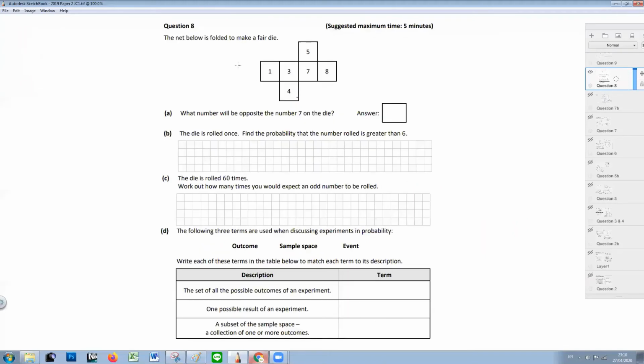So this question, I think, is a little bit mean. They've put in some weird numbers to kind of throw you a little bit. If it's going to have square sides, it's going to be a cube if it's a fair die. If it was more than 6 sides, it's going to take different shapes in order for it to be a fair die, like triangles, that sort of thing.